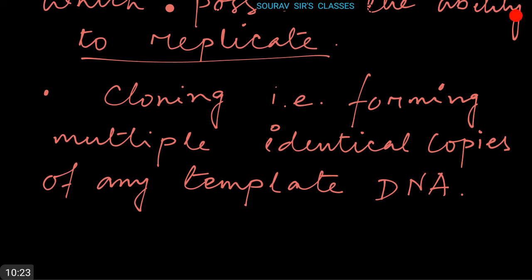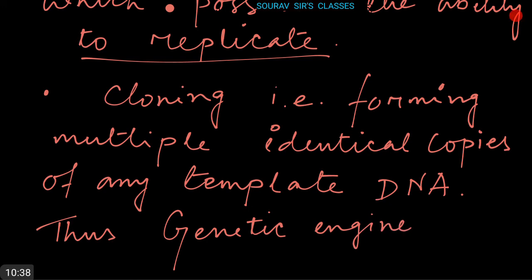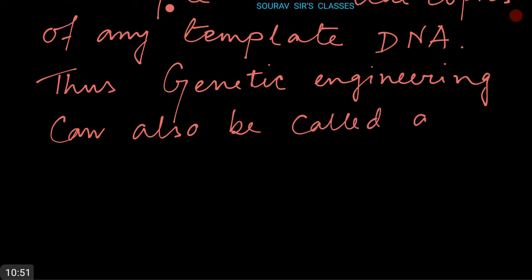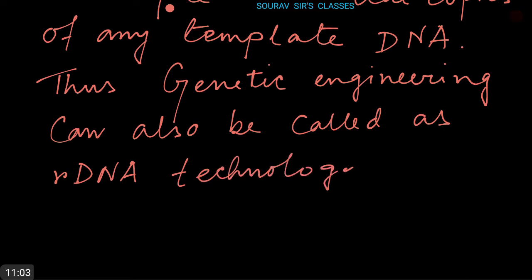Thus, genetic engineering can also be called recombinant DNA technology, that is rDNA technology, or gene cloning.